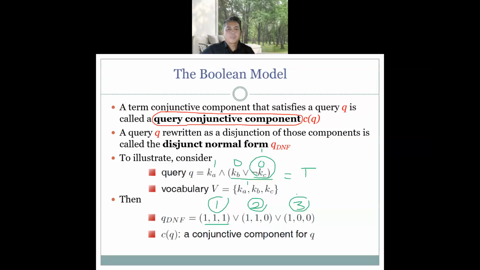The disjunctive normal form will list all the possible patterns or combinations of binary that will make the expression for your query true. So all the documents that have this pattern will be retrieved. So 3 documents will be retrieved because we have 3.